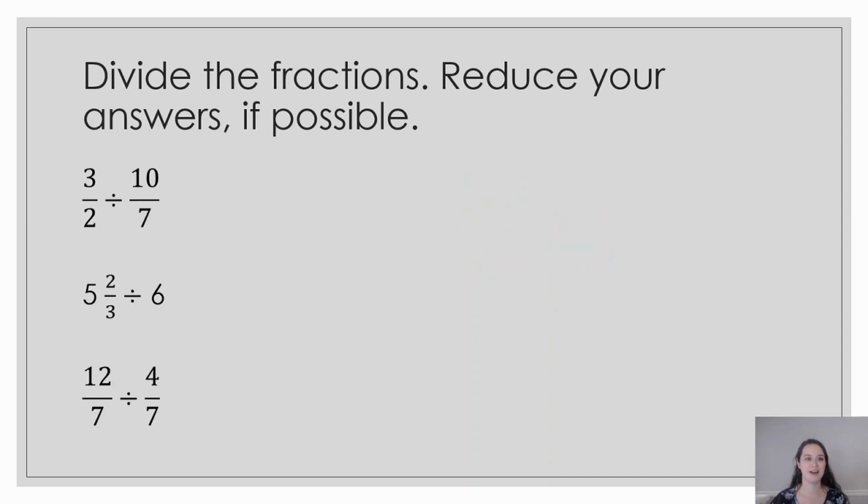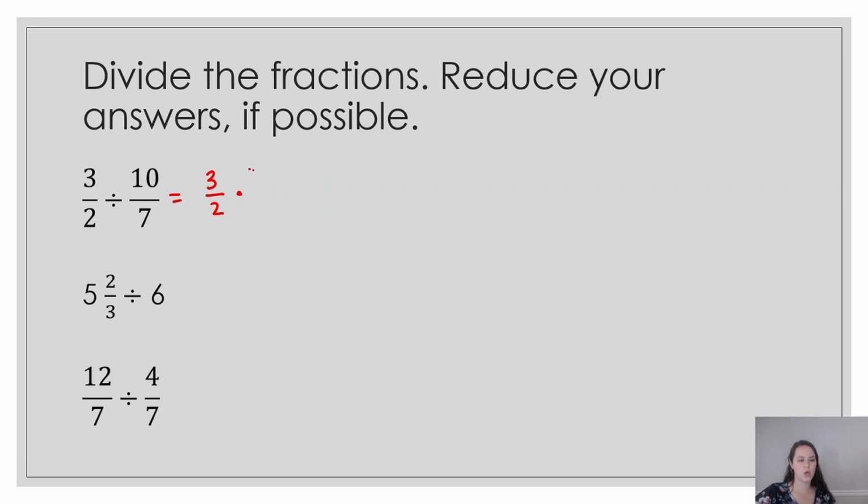And this is actually our last slide. So go ahead and pause it, try these. Remember to convert your 5 2/3, convert that to an improper fraction first. Alright. Assuming you've paused it and you've solved it, I'll go ahead and work them out, or maybe if you got stuck, here's some help. So I'm going to keep the first one, 3/2, times, instead of divide, then I'm going to flip it.